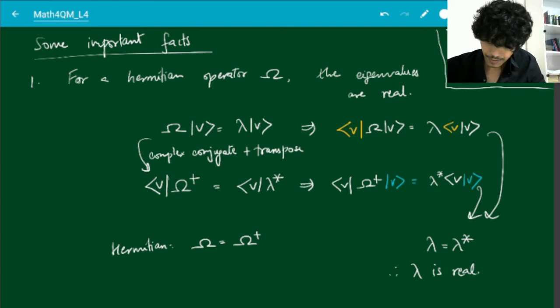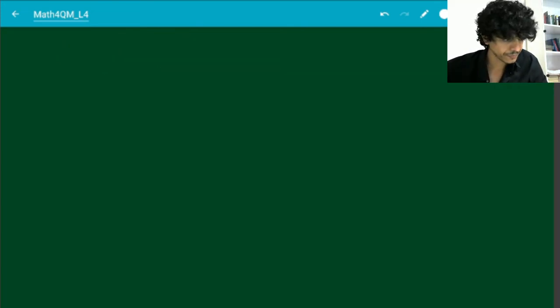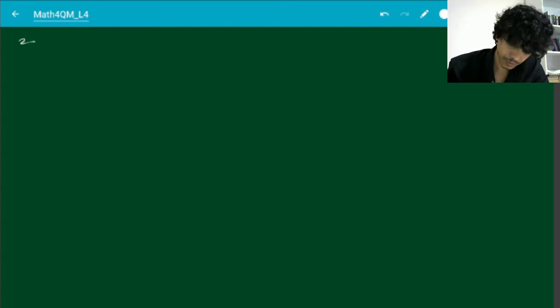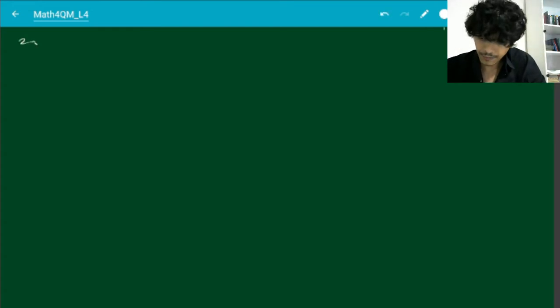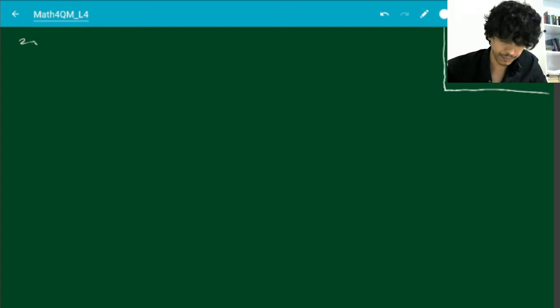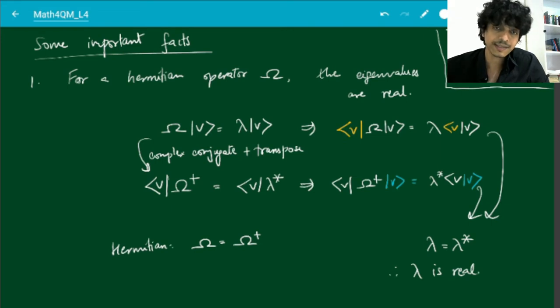Okay. The next result that I want to talk about is, again, about a Hermitian matrix. And the reason I'm talking about a Hermitian matrix is that in quantum mechanics, we are usually going to be talking about Hermitian matrices.